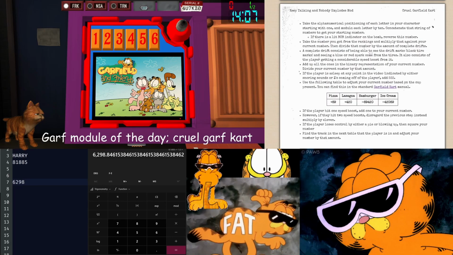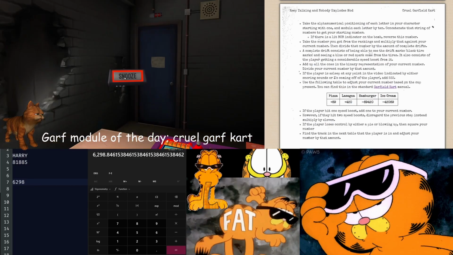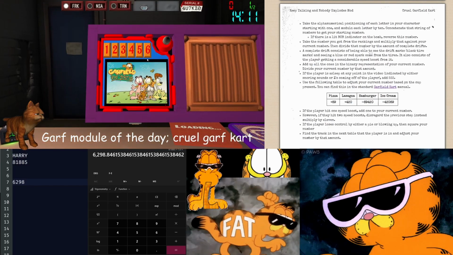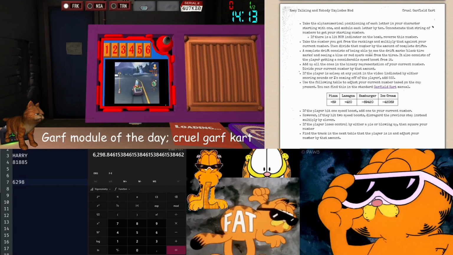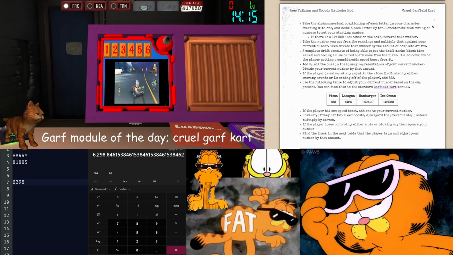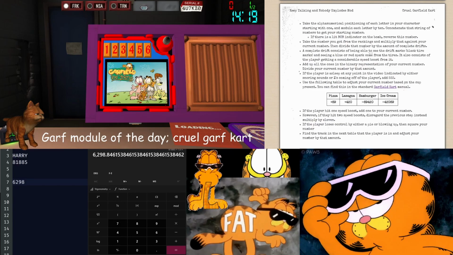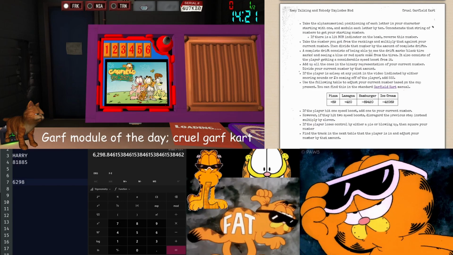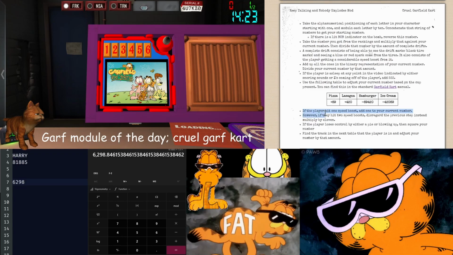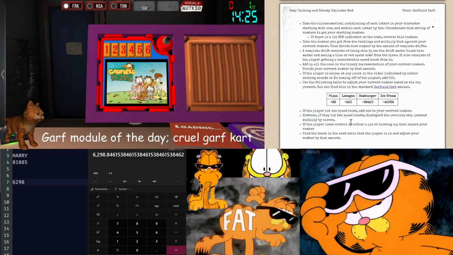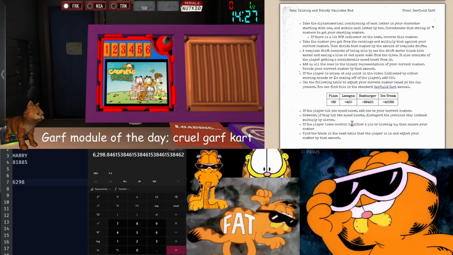If the player's asleep at any point. I am positive that they were not, but let's check to be sure. And we see they were not. Did they hit 1 or 2 speed boosts, or even lose control by a pie or blowing up?